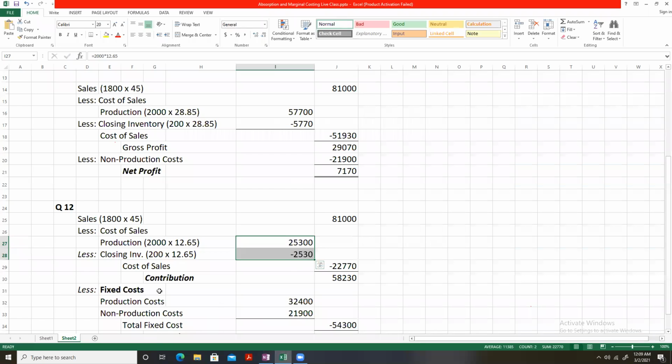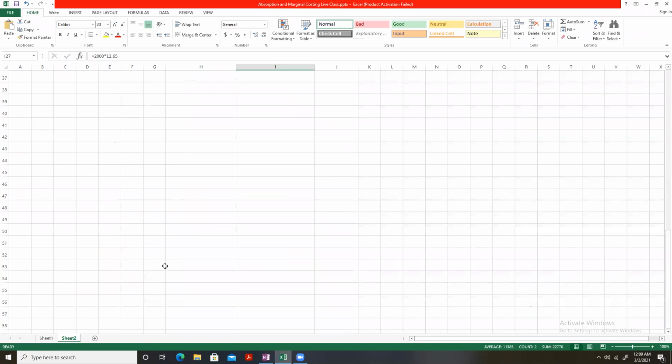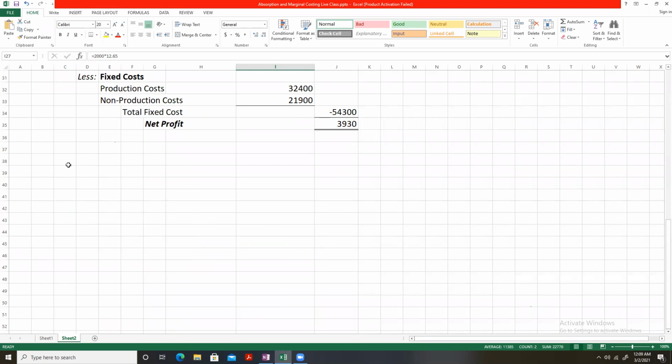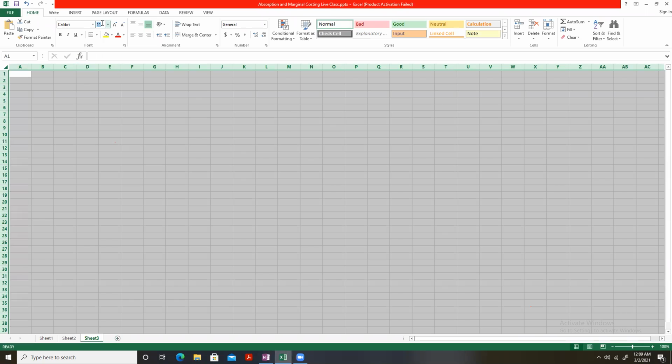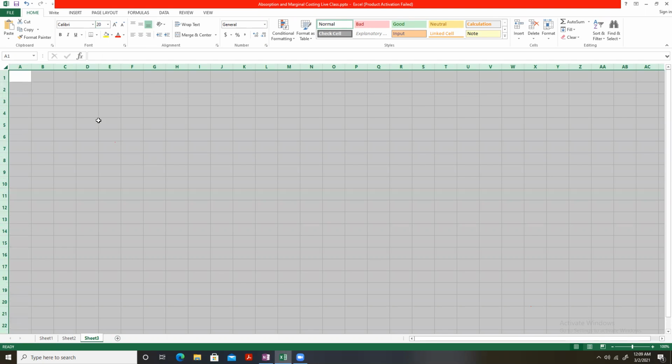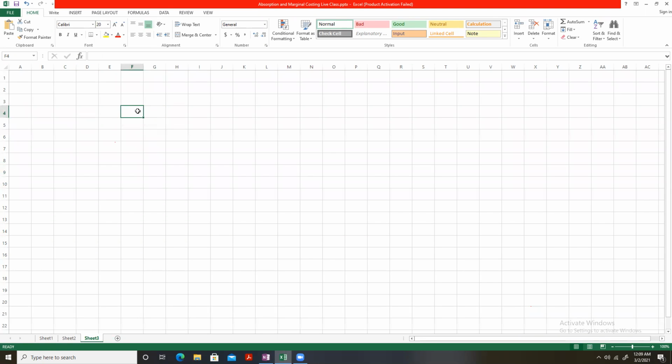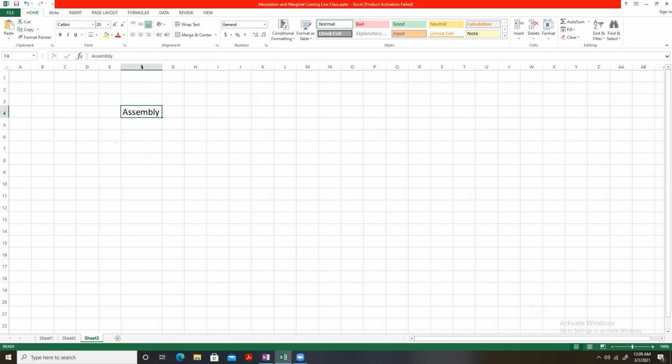So now let's do this question. Let's look at the reapportionment. Let's reapportion the overheads first. The first department that we have is assembly. The second is the finishing.